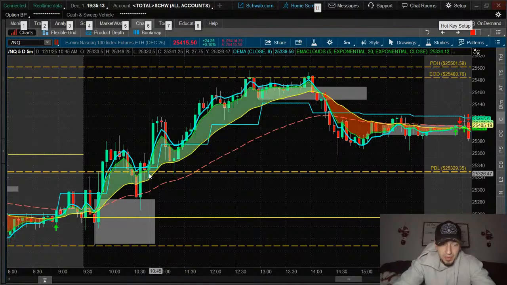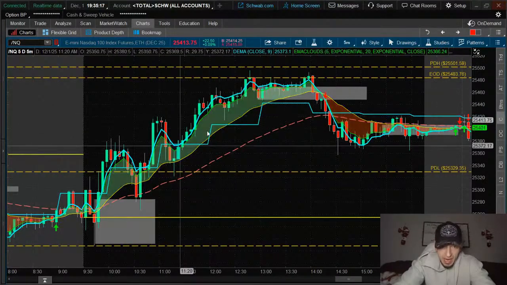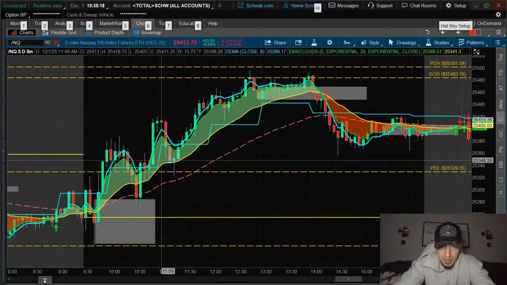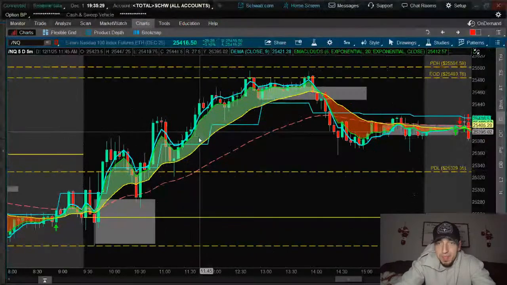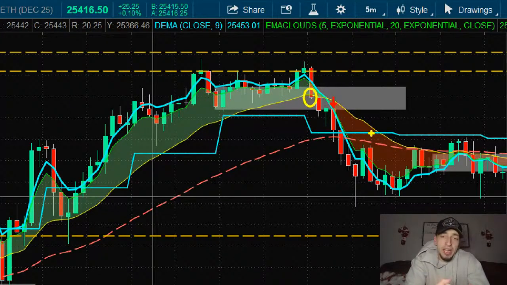Look at this moving average. This is the 5-minute time frame. This is the 20. Price keeps respecting it. This is what we call a pattern. What happens right here? Price no longer respects it. So this is when I look at the market and go, okay, who now has the ball?